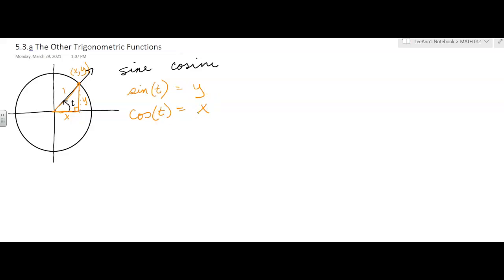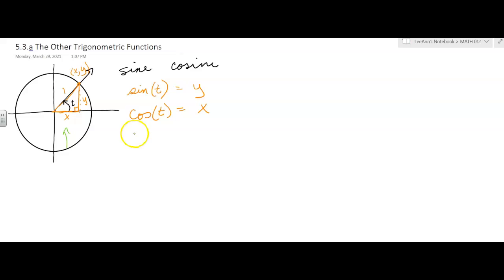Now, in a triangle, you have 3 sides to a triangle, right? So these 6 trigonometric functions all come from a different ratio depending on which sides you're using, okay?